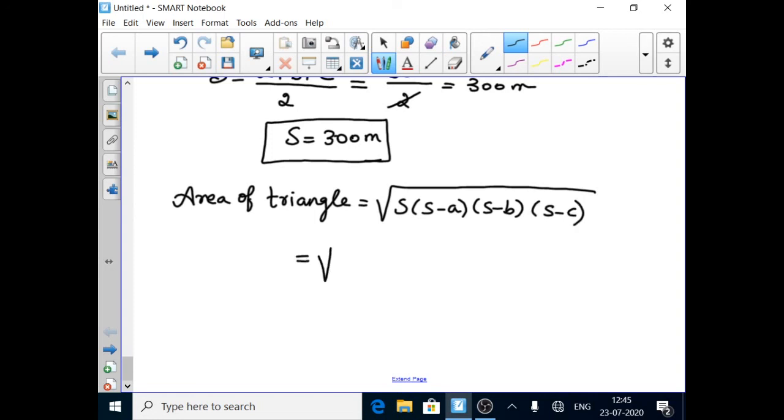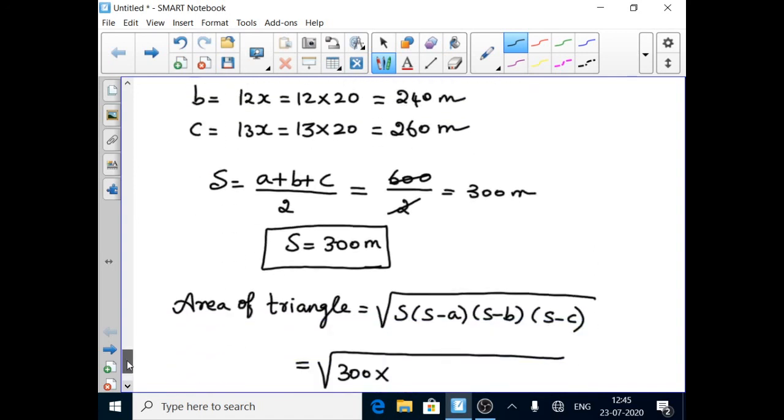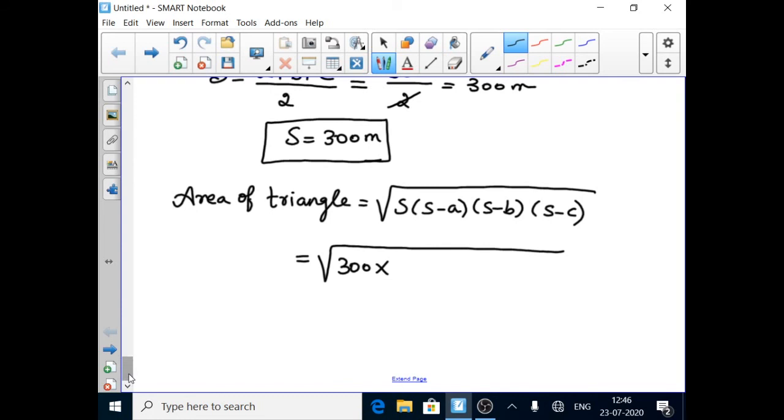So what is our S? 300. 300 into S minus A. We found S, so S minus A, directly you can apply it. 300 minus A value is 100. Then S minus B, 300 minus B value is 240. Then into S minus C, 300 minus C value is 260.